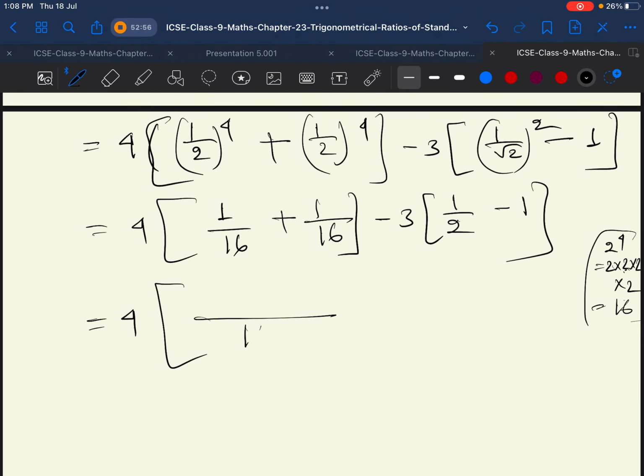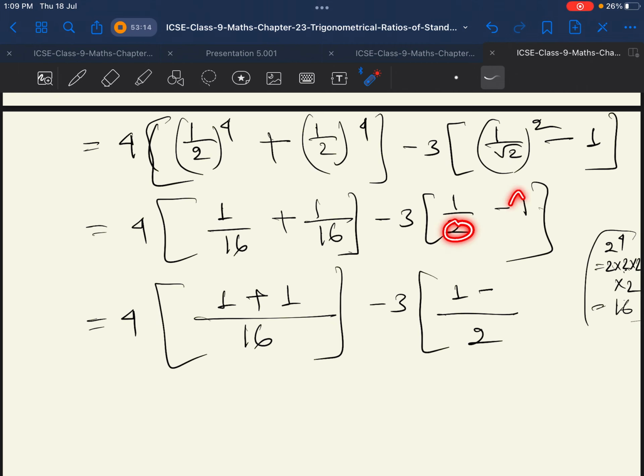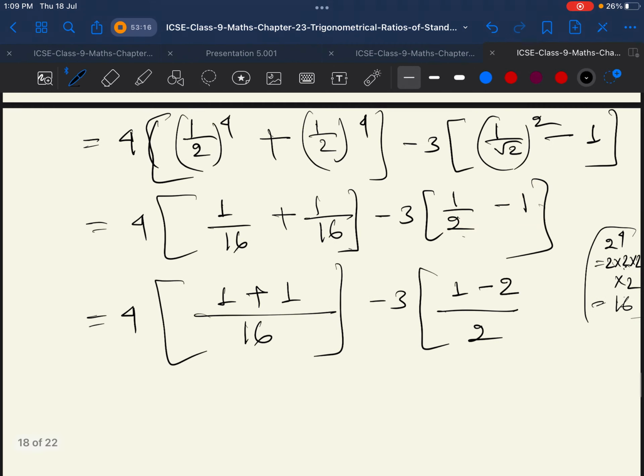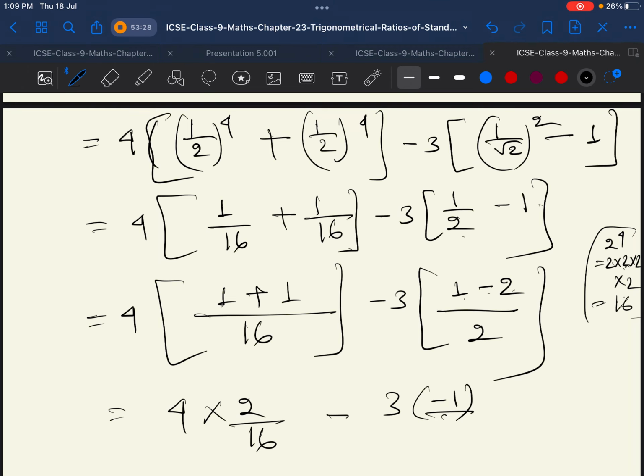Here LCM is 16, so 1 plus 1 is 2 by 16, minus 3 by 2 minus 1.